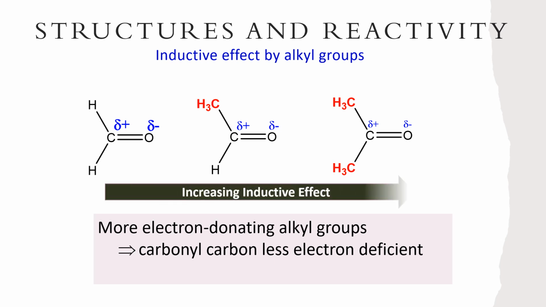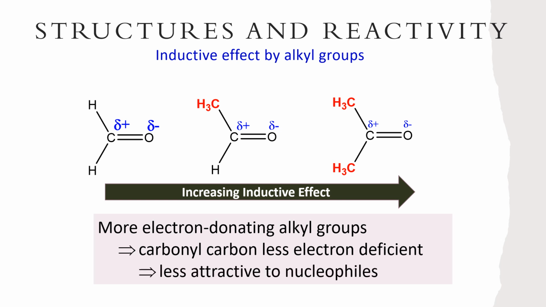Due to this increasing inductive effect, the carbonyl carbon becomes less attractive to the nucleophiles. Since the carbonyl carbon of ketone is the least electron deficient, it is the least reactive towards nucleophilic addition.